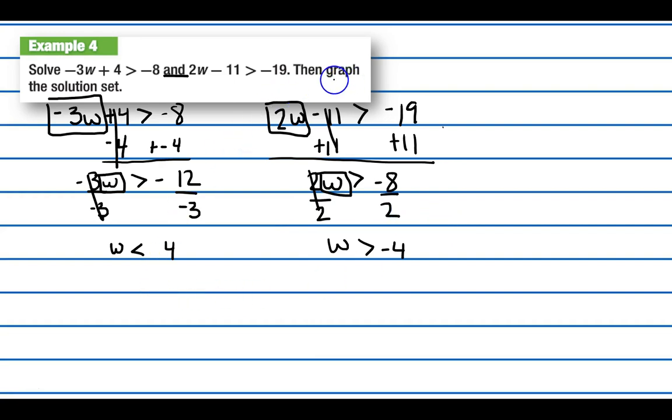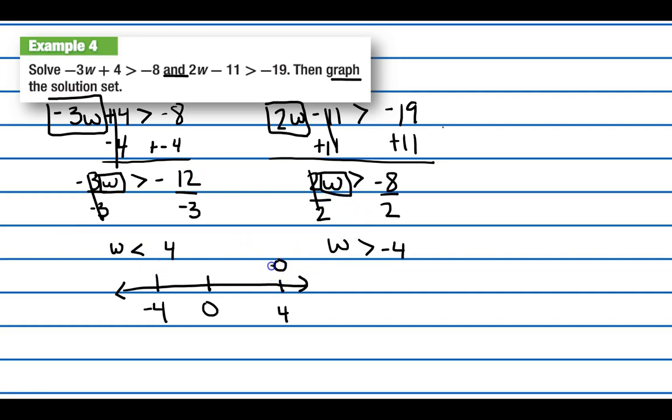So the last part that we have is to graph the solution set. So let's make a quick little number line. So we have 0, we have negative 4, and we have positive 4. Alright, so w is less than 4, which means we're going to have an open dot because this one is less ink. Alright, so open dot here. And notice this one is going to make an arrow to the left.